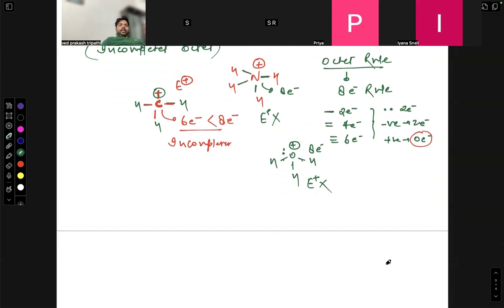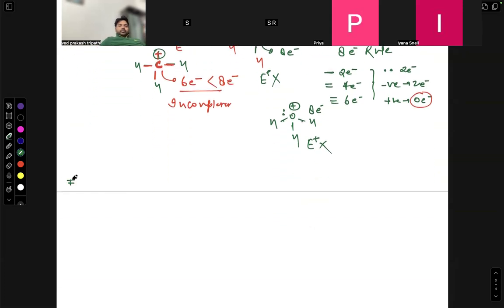Okay. The second condition: what is a neutral electrophile? Neutral electrophile. Here we can say vacant p and vacant d orbital. Vacant p and vacant d orbital containing species are electrophiles.